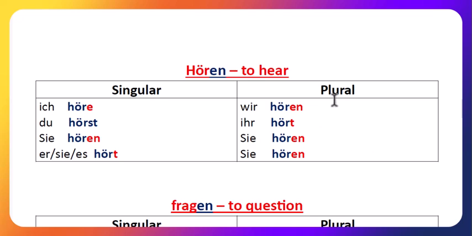You have to know the difference so that you can know the conjugation and what it means. It's actually we and you.